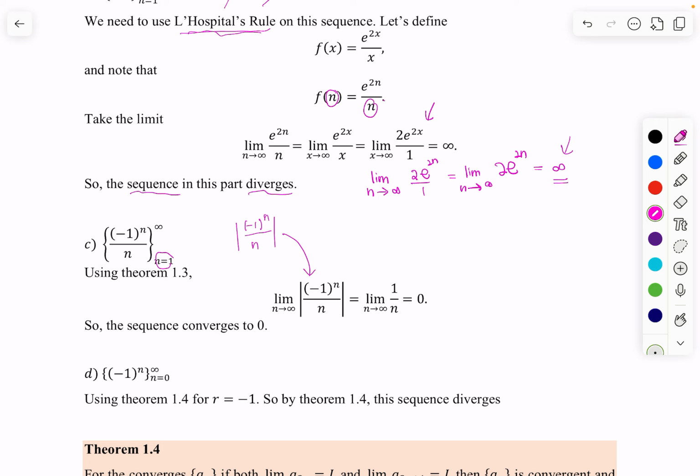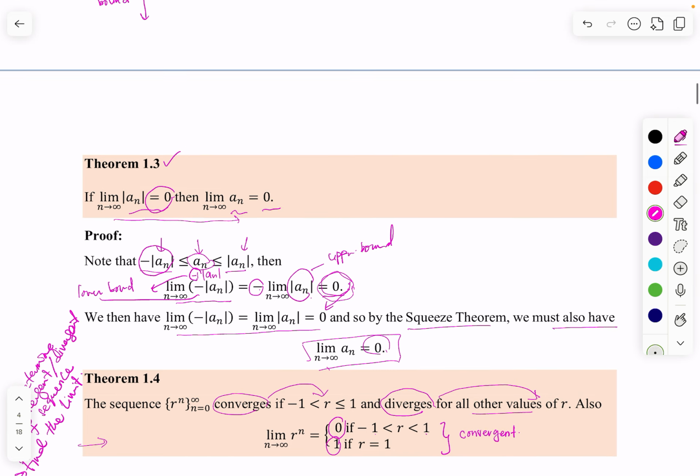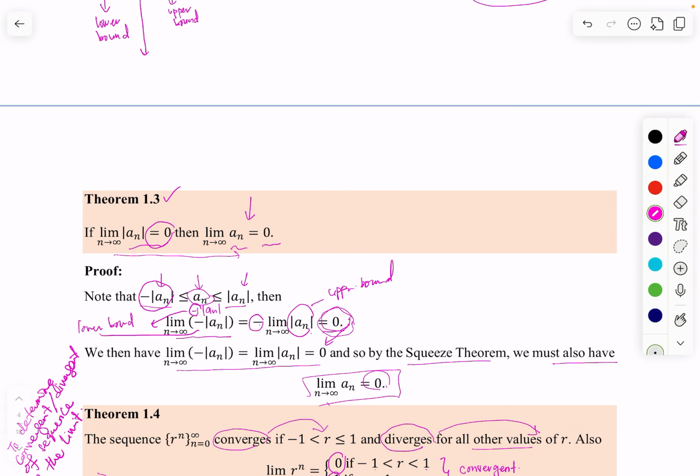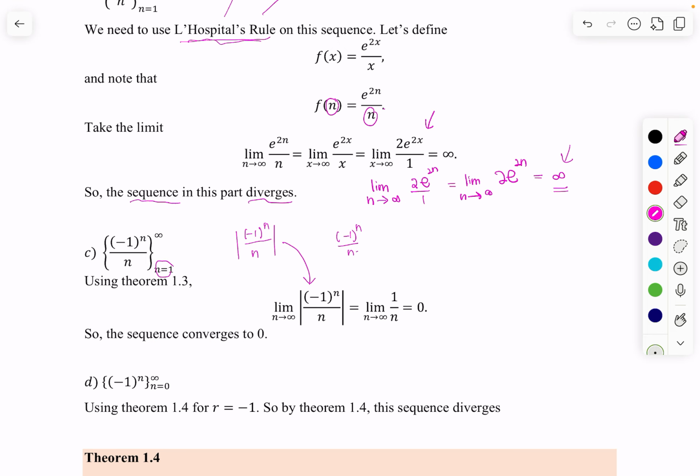The limit should be the same as the general one, that is (-1)^n over n. We try to find the limit for the case of the absolute value. If the absolute value gives a certain number, then the same applies to the general sequence. So that's why here we find the limit of the absolute value of the sequence.